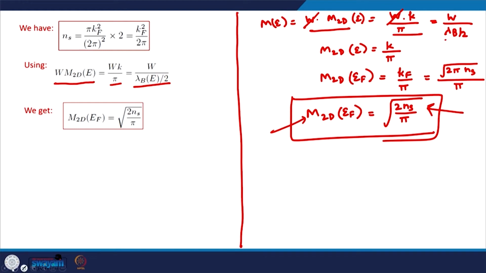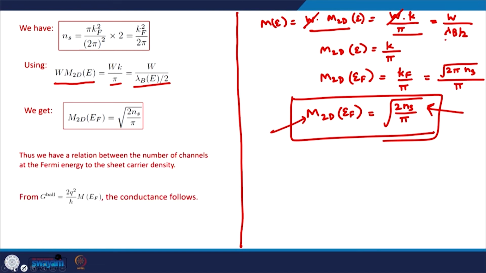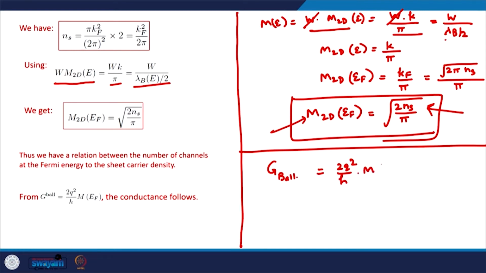And if we replace this in the conductance expression, the ballistic conductance at 0 Kelvin of the conductor is 2q square by h times M(EF), where M is W times M2D(EF).